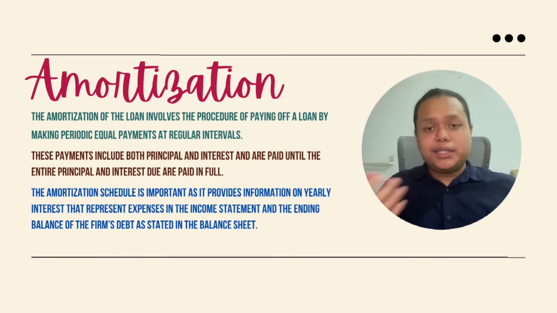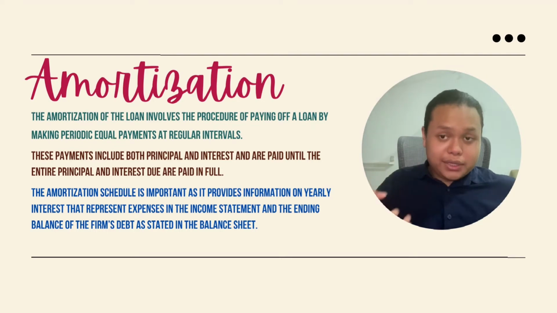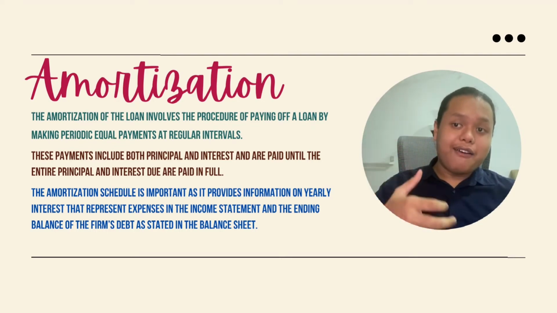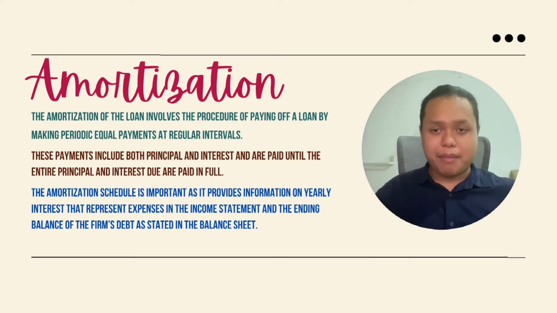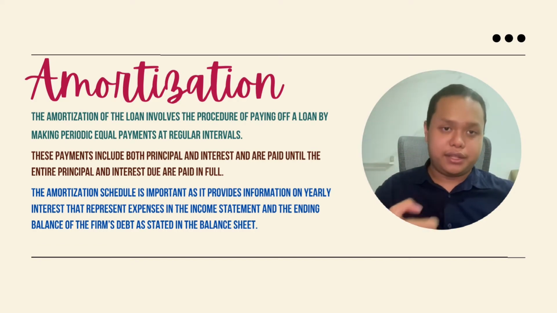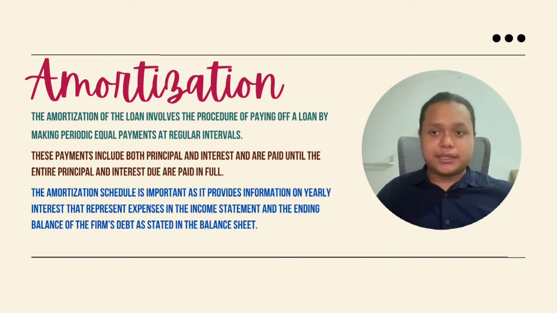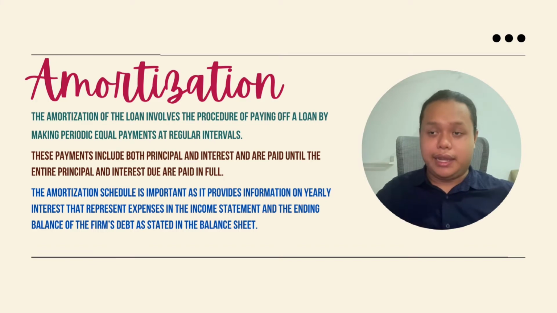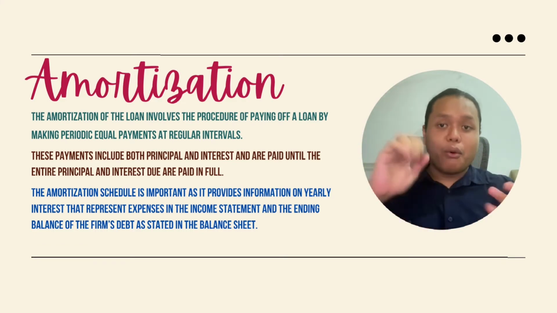Lastly, amortization. The amortization of a loan involves the procedure of paying off a loan by making periodic equal payments at regular intervals. These payments include both principal and interest, and are paid until the entire principal and interest due are paid in full.